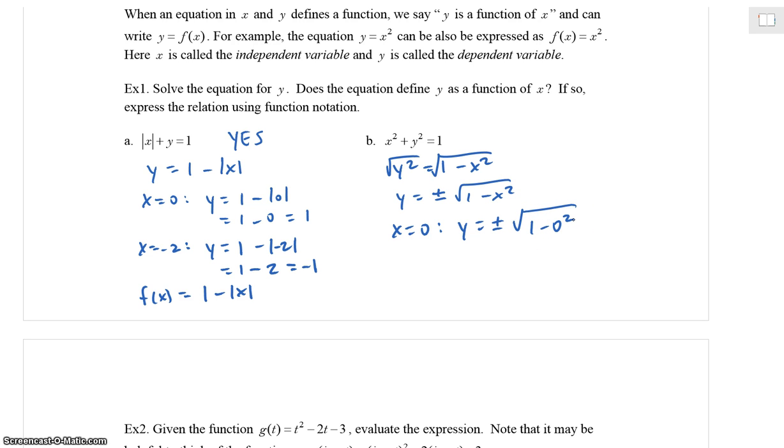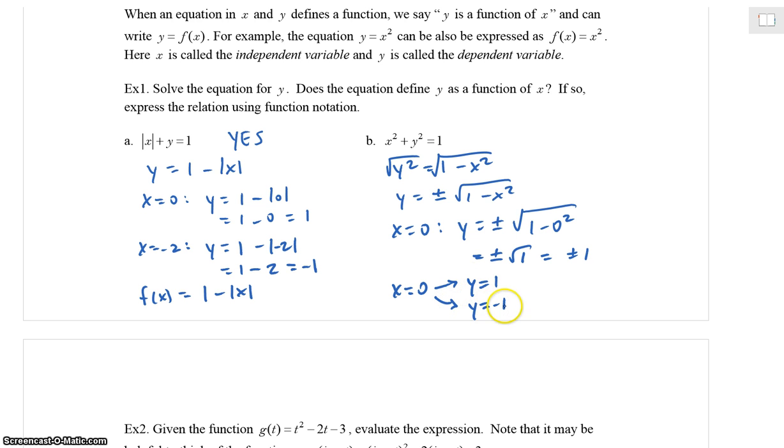And if we simplify, on the right, it's plus or minus the square root of 1. Now the square root of 1 is 1. So we get plus or minus 1. In other words, if we have x equal to 0, there is a correspondence to both y equal to 1 and to y equal to negative 1.